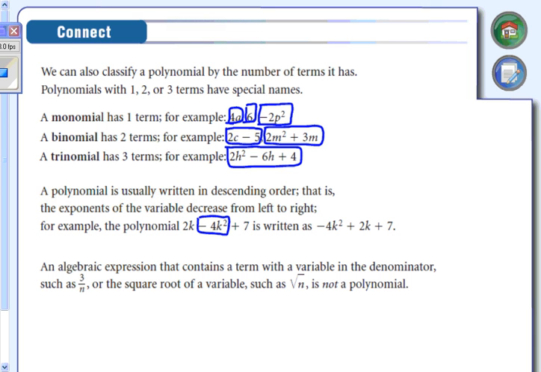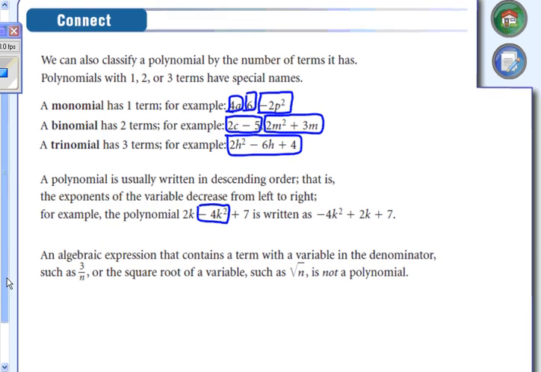So that minus doesn't stay where it is. It has to travel with the term behind it. So we make it a negative 4k squared. Since there was nothing in front of the 2k, we represent that with a plus 2k and then a plus 7. So since it's got 3 terms, it's a trinomial. Since the largest power is 2, it's got a degree of 2.